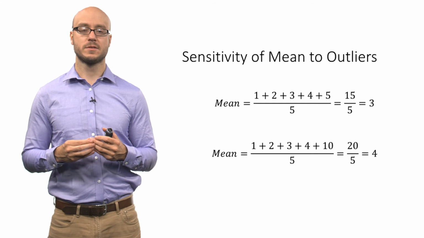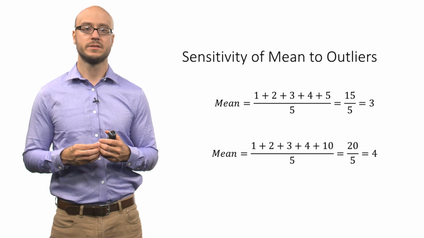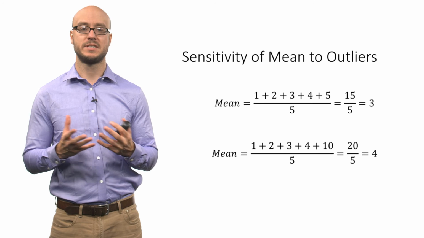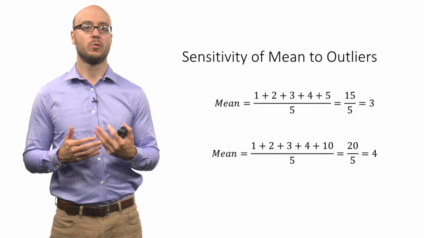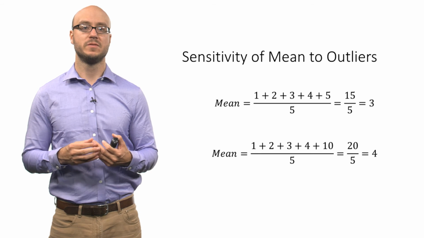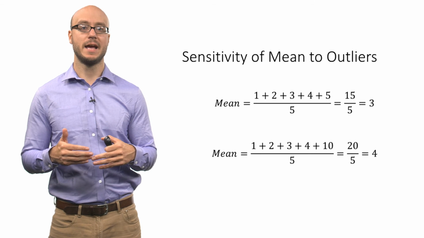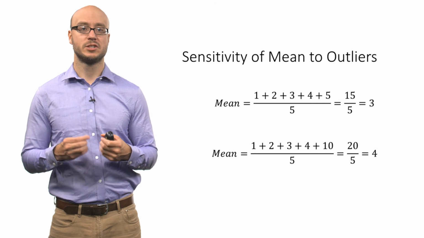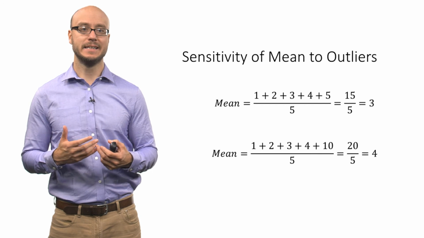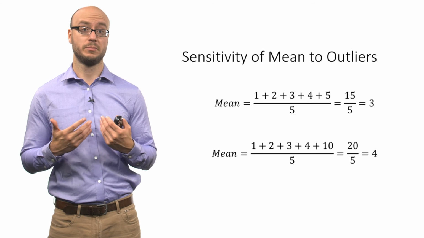So in this first calculation, we have this set of observations of 1, 2, 3, 4, and 5. So we have 5 observations, and we divide by the n, which is 5, because you have 5 different data points. So the average of this first little data set is 15 divided by 5, which is simply 3.